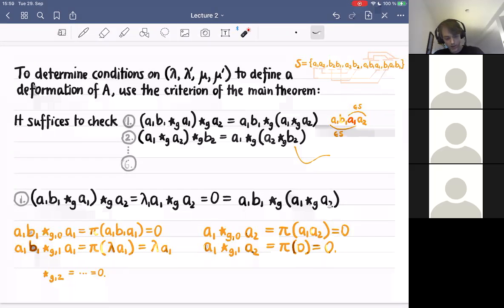And you can look at the first equation, A1 B1 star A1. So there was an overlap here. This is an element in S, they overlap in A1. And so the A1 sits on this side and on this side in the middle.